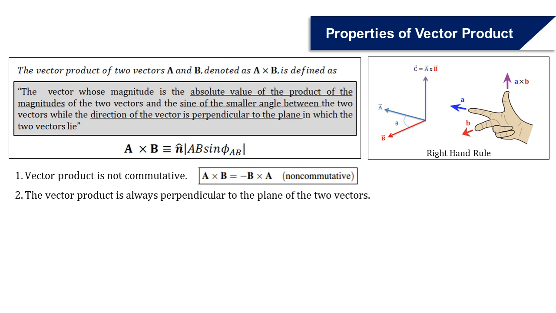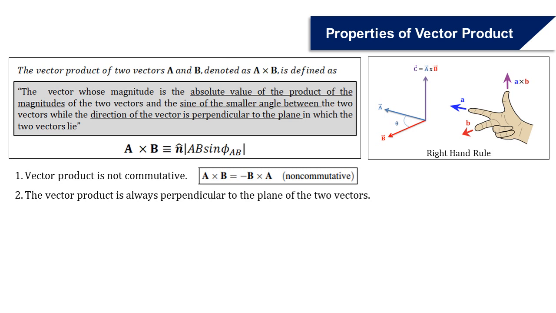And kung saan tuturo yung direction ng ating thumb, doon yung direction ng ating cross product. So, kung babalik rin naman natin yung ating notation, so let's say B cross A. So, yung B, yung ating nasa index finger, and yung A nasa kabila. So, ang resulting direction ng ating cross product is the opposite. Kaya, masasabi rin natin na yung vector product is not commutative.